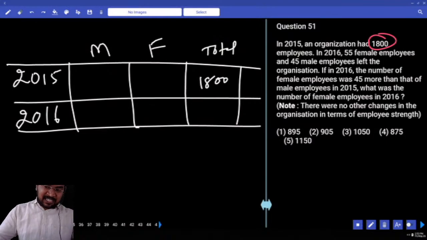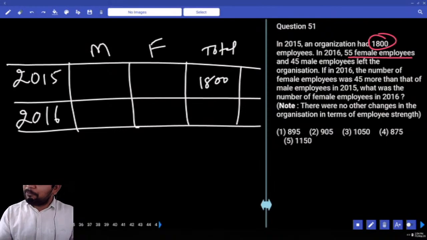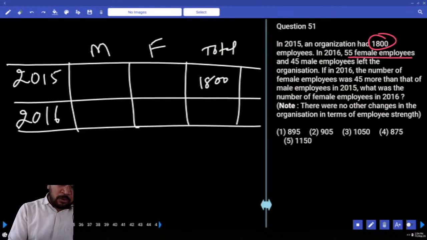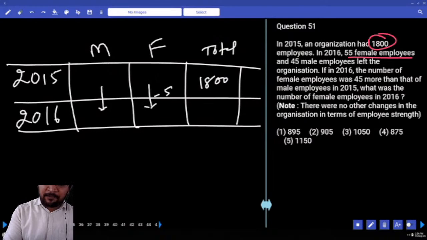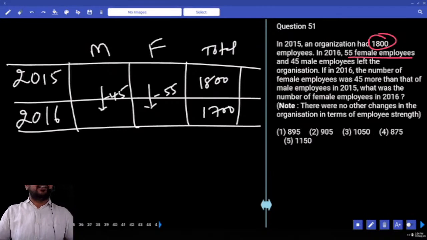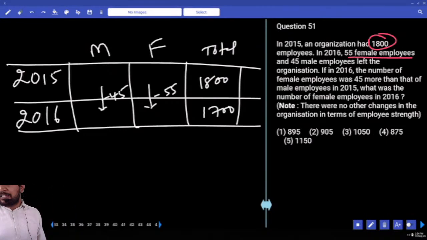In 2016, 55 females and 45 males left, so a total of 100 reduced, which means the total strength is 1700. Are you clear or not?